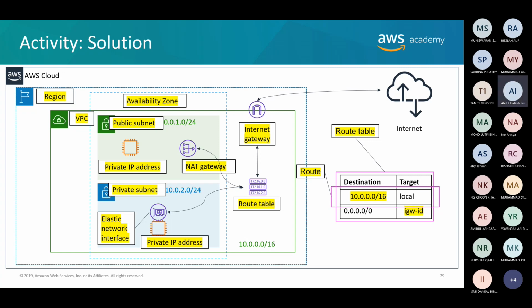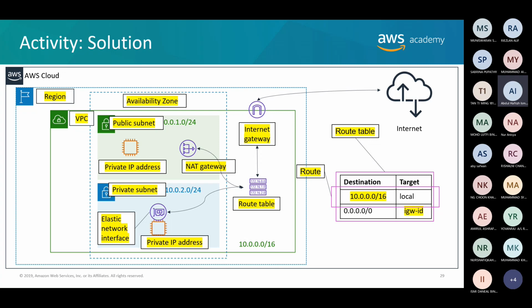And then untuk connect kepada internet, untuk instance yang dalam private subnet untuk connected to network, so kita kena ada NAT gateway.